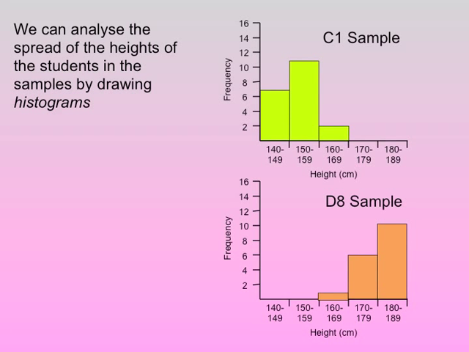the last video. Here are our histograms for class C1 and for class D8, and you can see that we are graphing frequency on the y-axis, and on the x-axis we have their height.